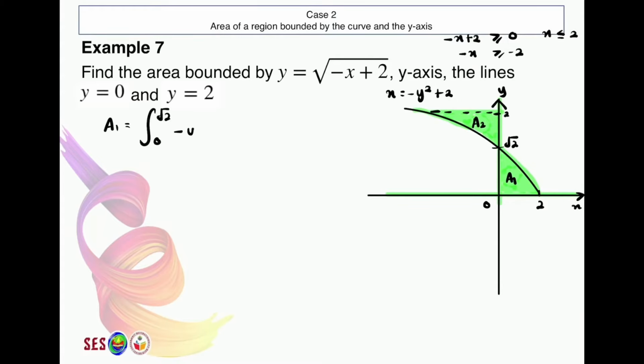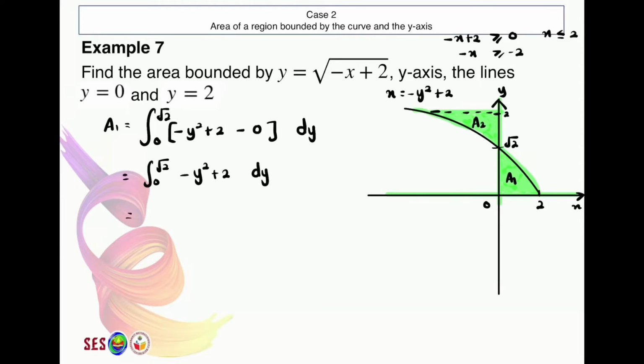So minus y squared plus 2. And then your left function will be x equals 0, so you'll minus 0. And the whole thing, you'll integrate with respect to y, so you put dy. Now you can simplify further, and you'll get the integral of minus y squared plus 2 dy.